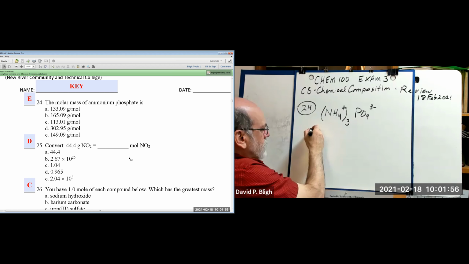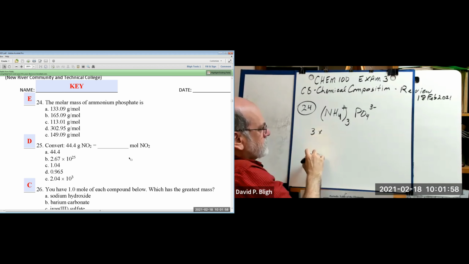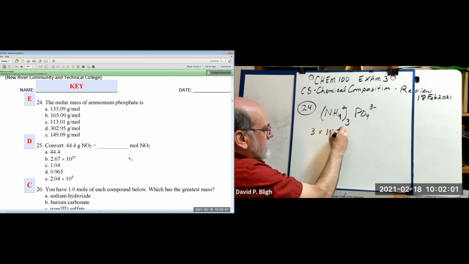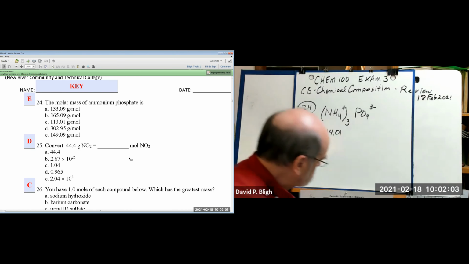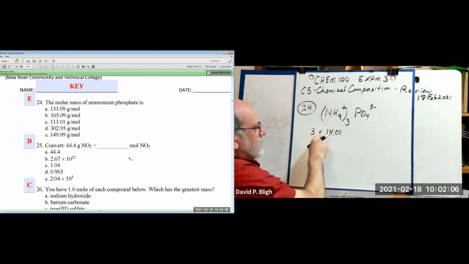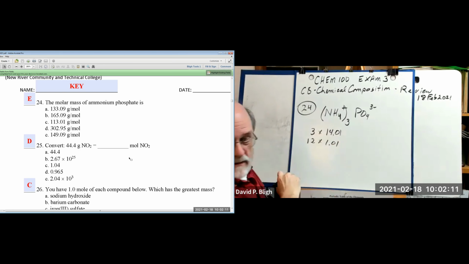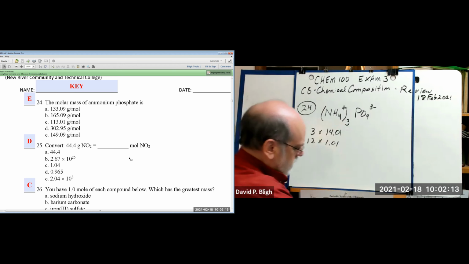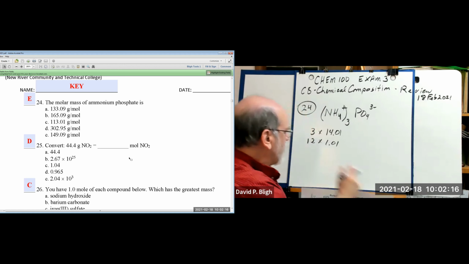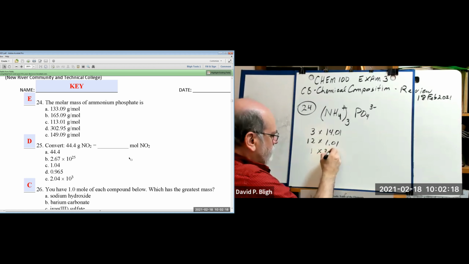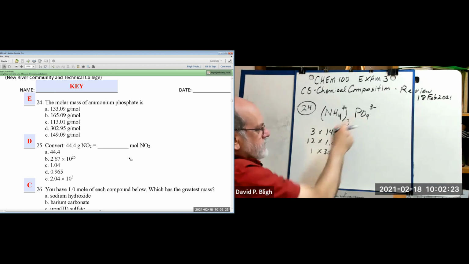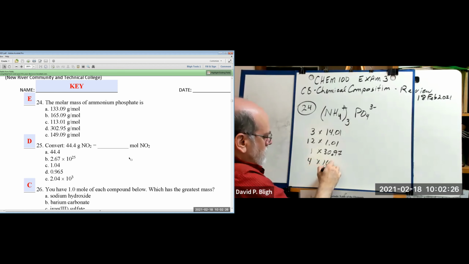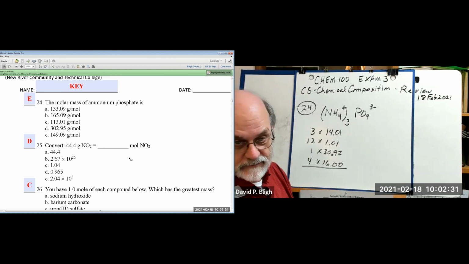Right? So we have 3 times what? 14.01. Look it up. Yep, that's right. And then 12 times hydrogens. And then 1 phosphorus. I have to look that one up. 30.97. And then how many oxygens? 4. So this molecule is going to have some weight.